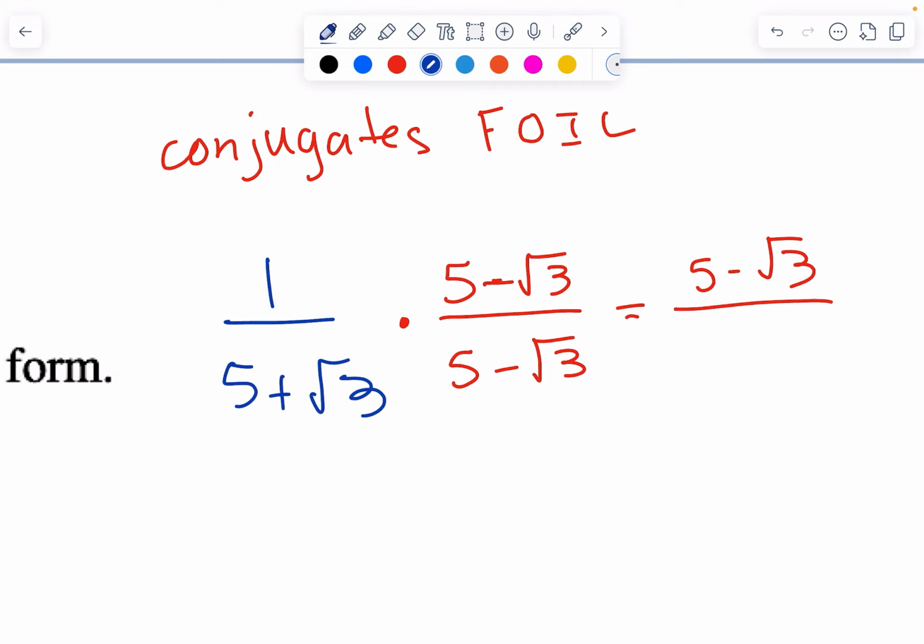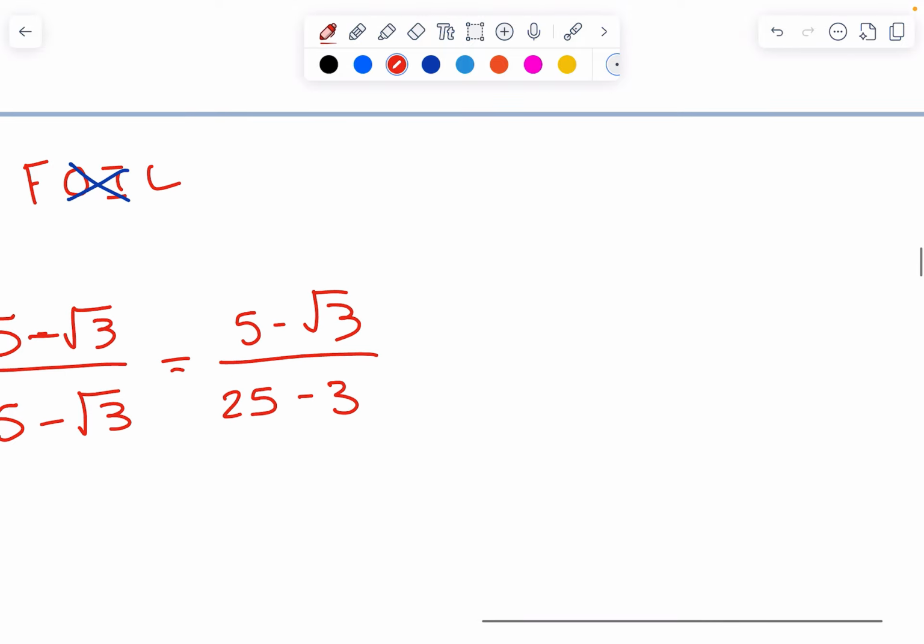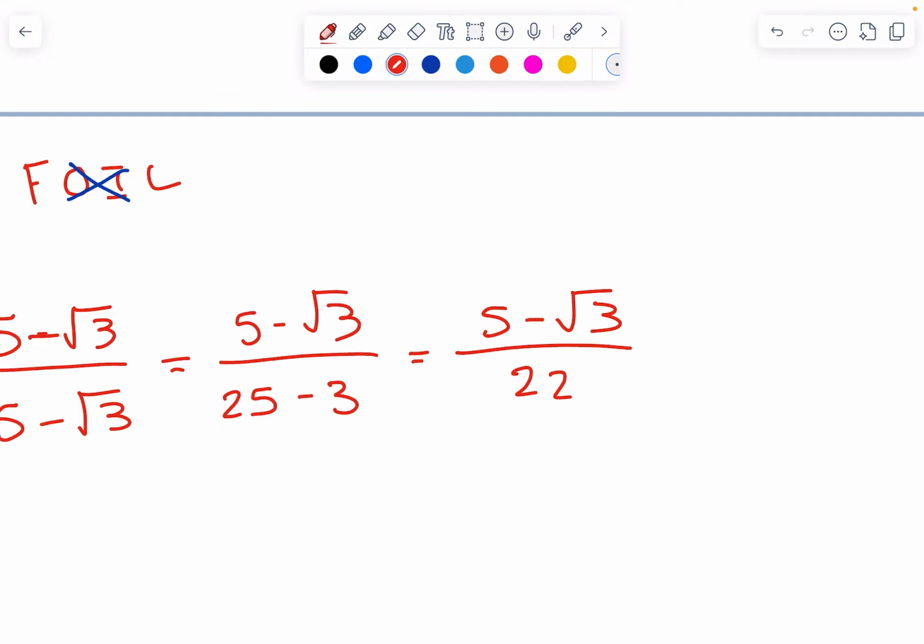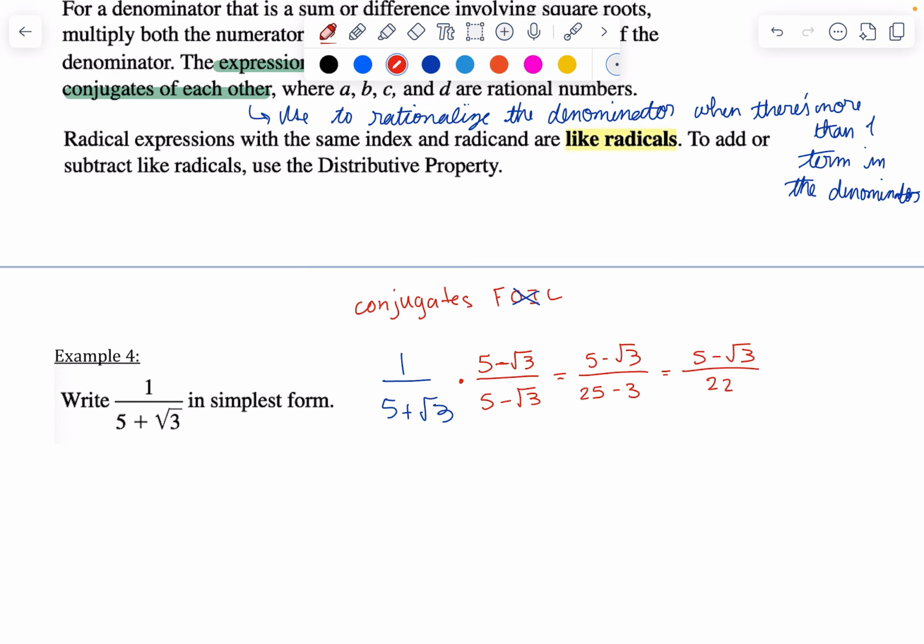But because I'm multiplying by the conjugate, I only have to do first and last because the outer and inner components will always cancel out. Okay, so first, 5 times 5, 25. Last, root 3 times negative root 3 is negative root 9, or just negative 3. And now I just simplify a little bit further, and there we are. That is the simplified version of 1 over 5 plus root 3.